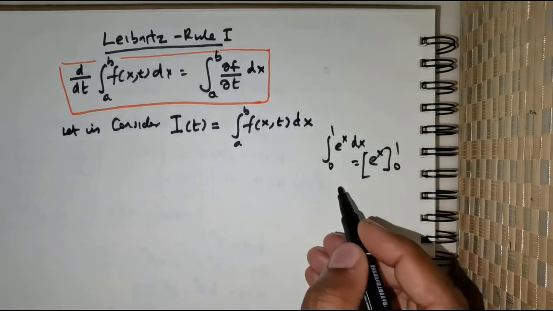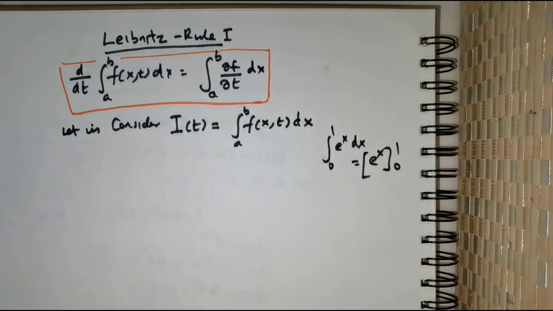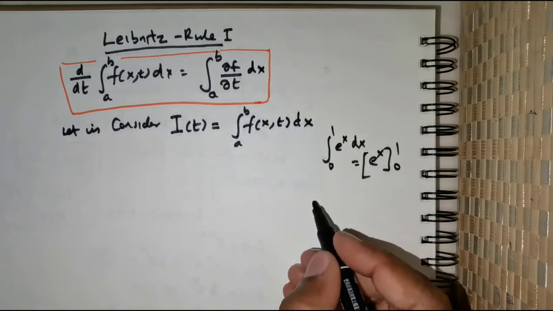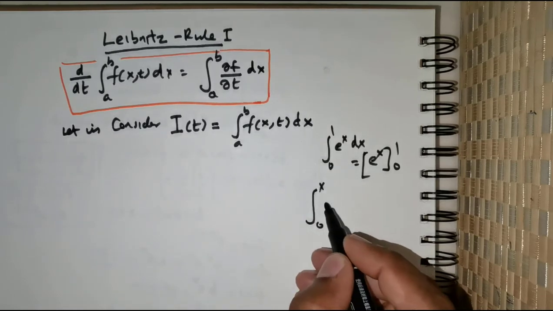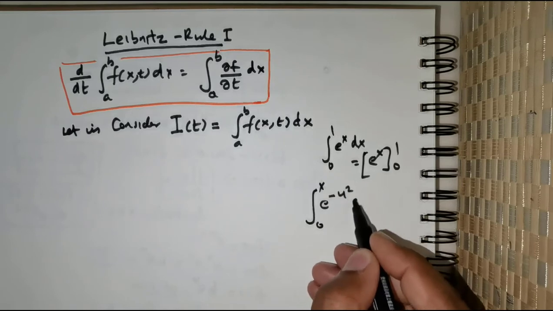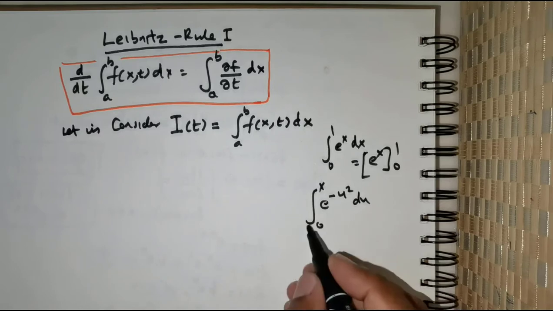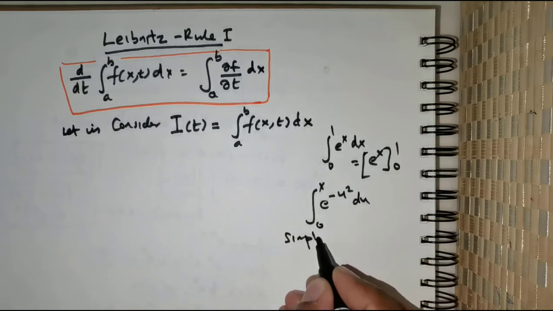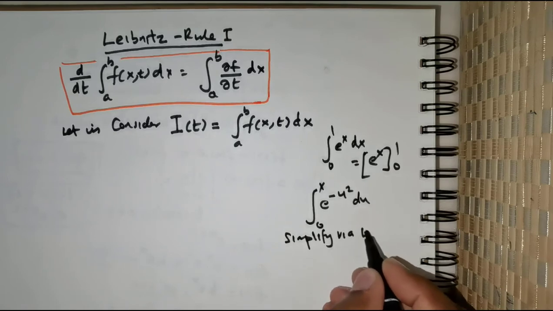But if it is changed a little, say for example, the integral from 0 to x of e raised to the power of negative u squared du, you cannot simplify this using elementary functions.